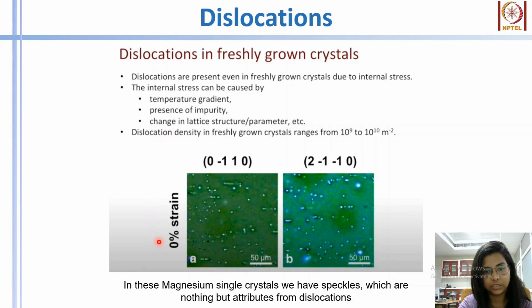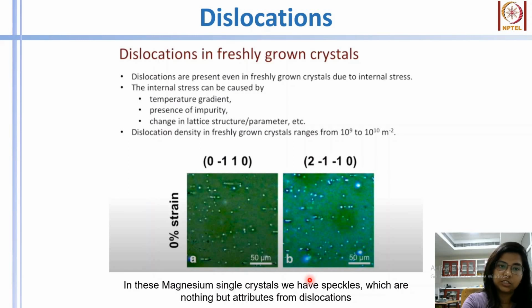Even at 0% strain, these are optical images. What we are seeing is that in this magnesium single crystal we have speckles, which are nothing but attributes from dislocations. In a freshly grown magnesium single crystal also we have these dislocation features.